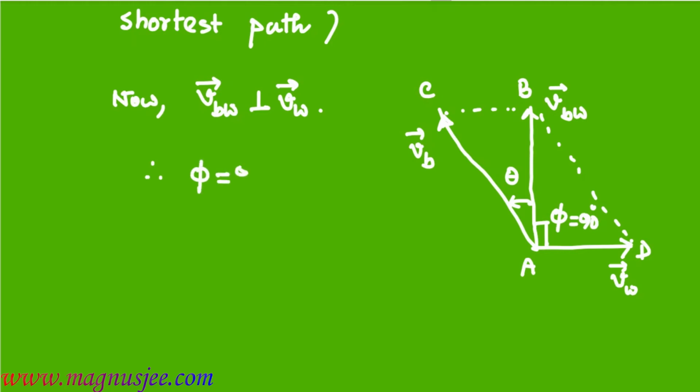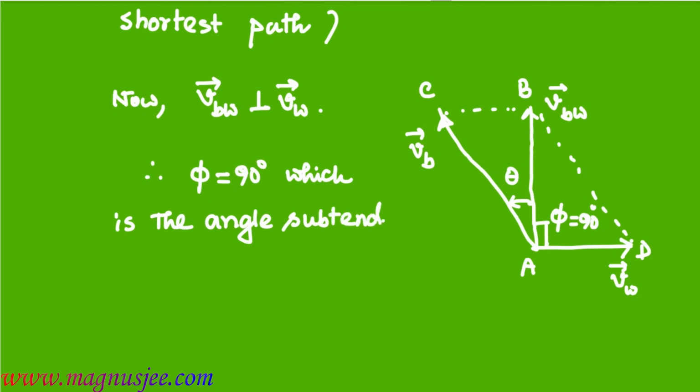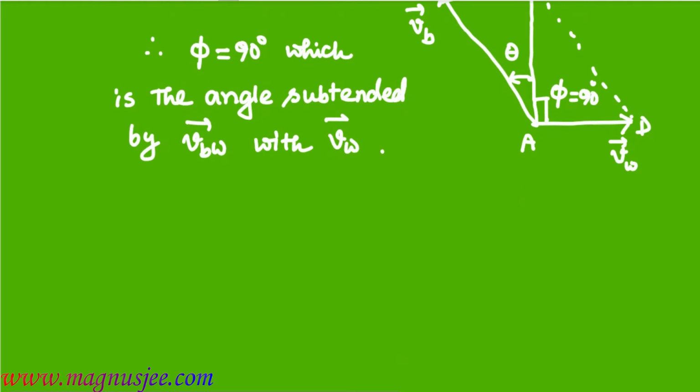Therefore, phi equals 90 degrees, which is the angle subtended by vector VBW, the resultant velocity of the boat with respect to water, with the direction of vector VW.